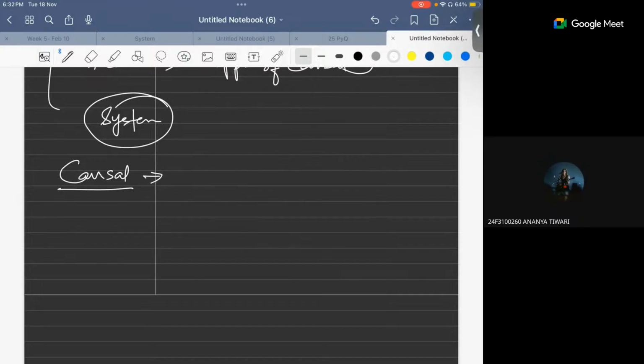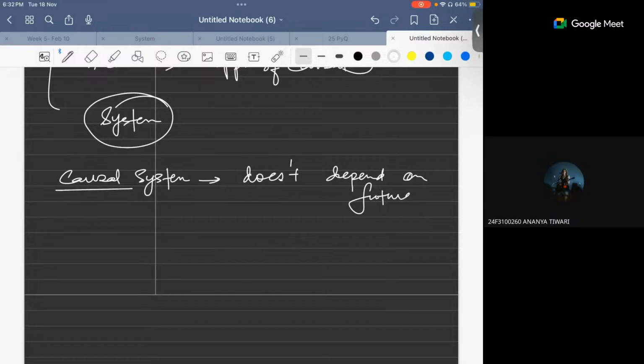A causal system depends on present and past, and doesn't depend on future.